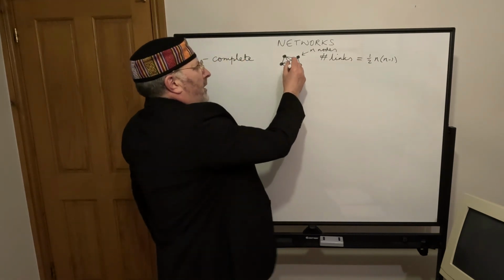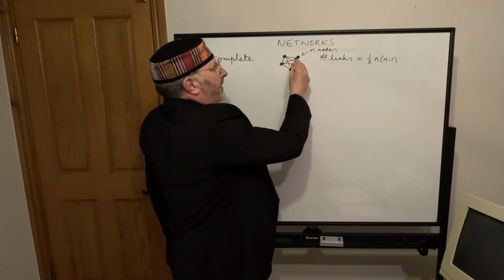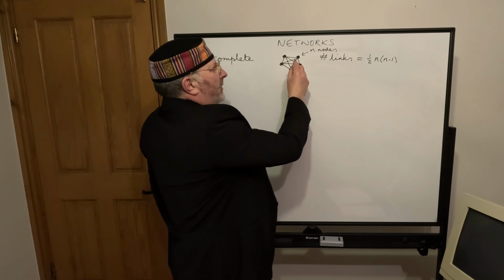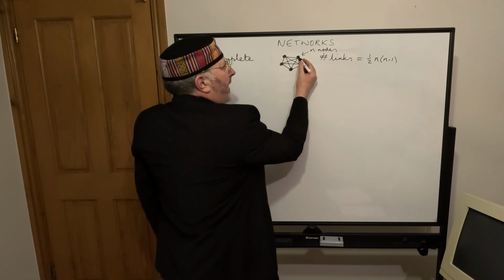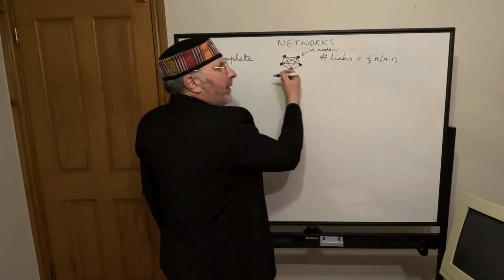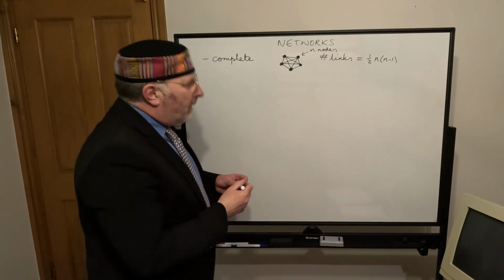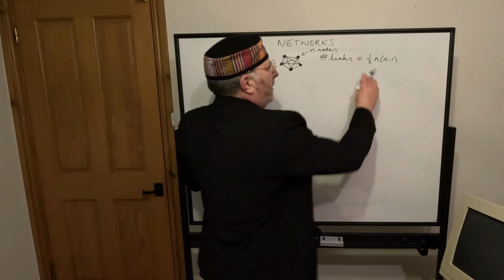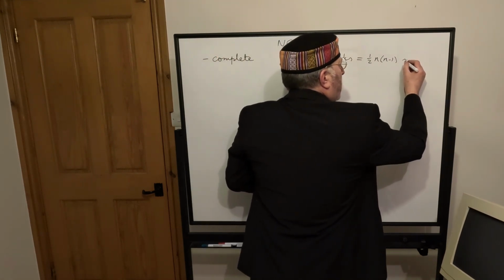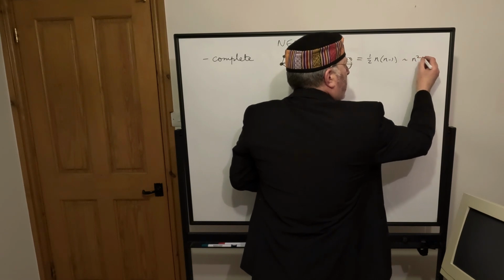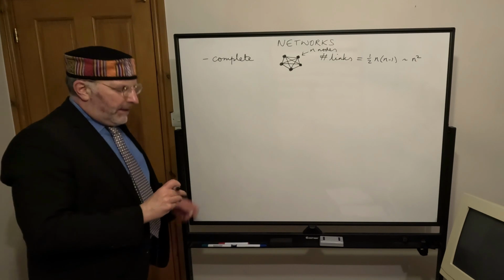And we're considering undirected networks here, so we only count each link once, so although that's connected to that and that's connected to that, we'll only count one of them, so we have to divide by 2. So the number of links is half n times n minus 1, which is approximately half n squared, so it's proportional to n squared.